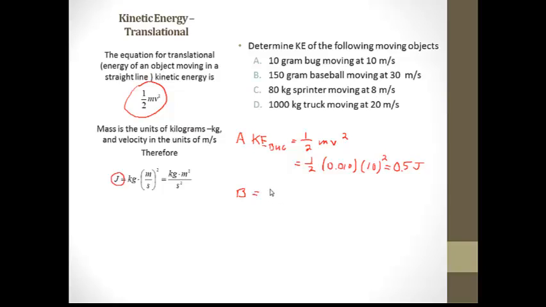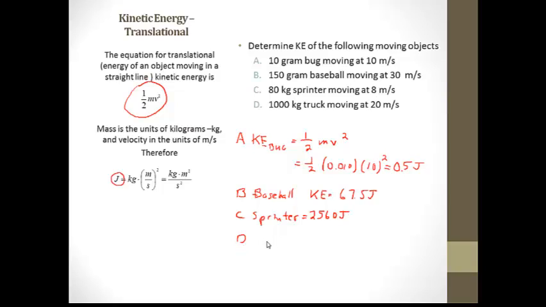The next one for the baseball, B. KE equals 67.5 joules. For the sprinter, it is 2,560 joules.